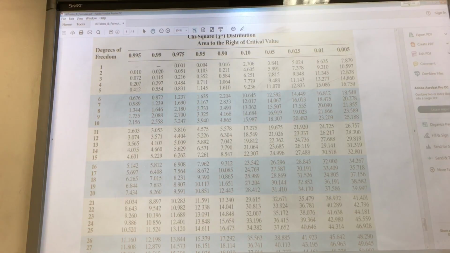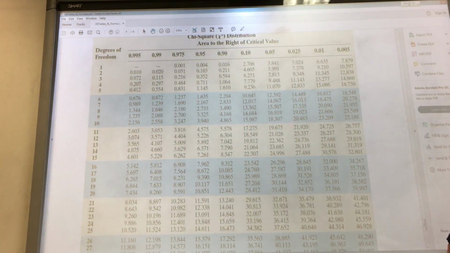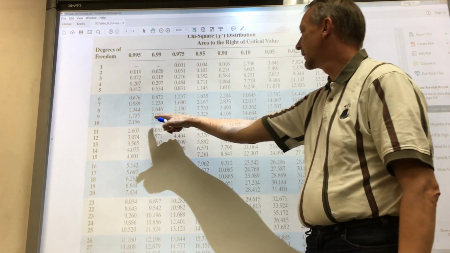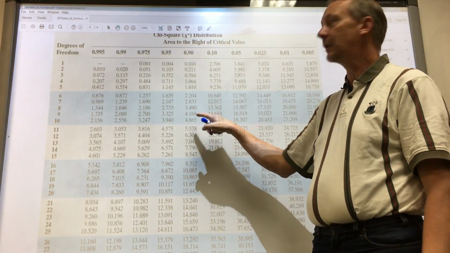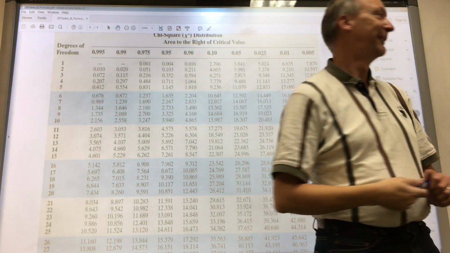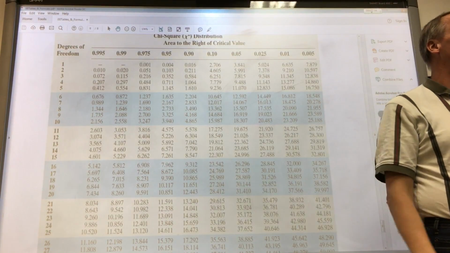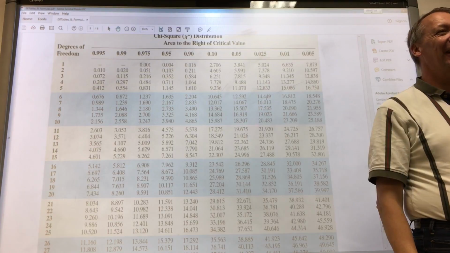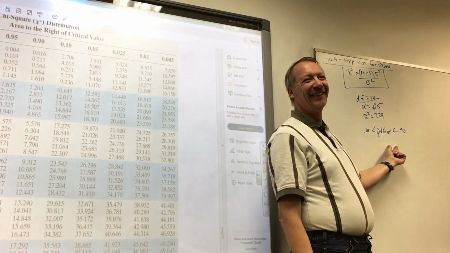So if I'm at 10 degrees of freedom, where does 7.29 fit on this line? It fits in between those two numbers, right? 7's in between those two numbers. I go up, I'm in between 0.10 and 0.90. Not kind of a big gap there, right? Okay, and then we know the answer was 0.30, so that is in between those. Okay, so that's the best we can do with the chart.